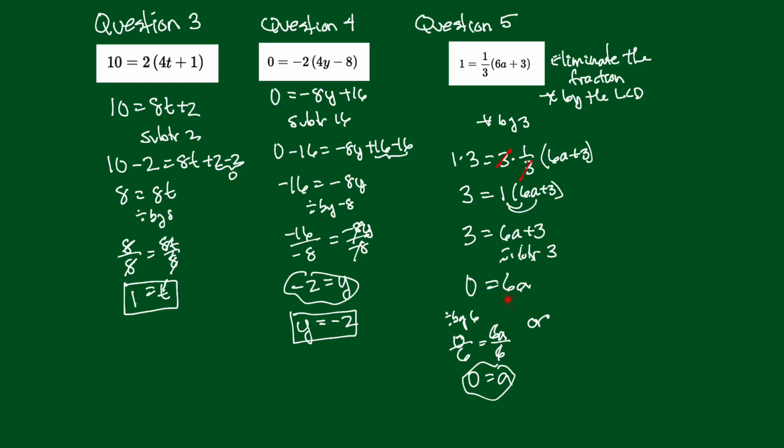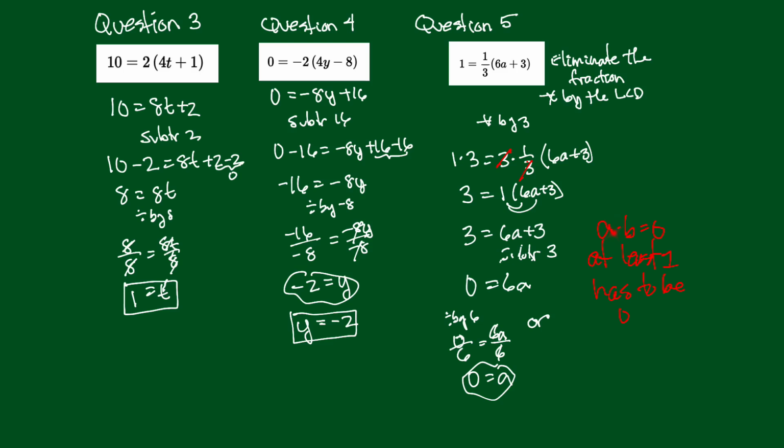Another way is to think about this. If you multiply two numbers together and you get 0, I'll do it in letters. If I multiply two numbers together and I get 0, at least one has to be 0. One of these has to be 0. You multiply two numbers together, this times this, and you get 0.